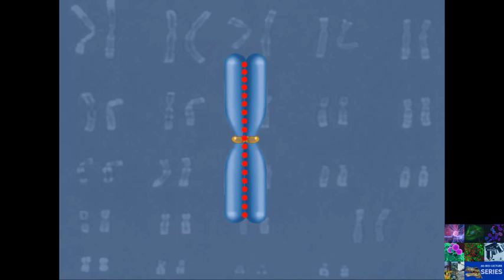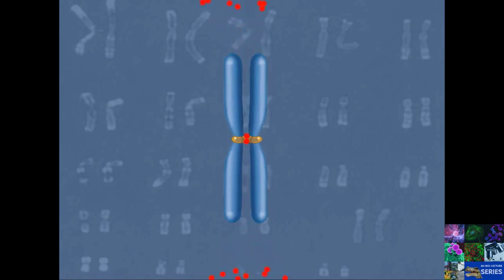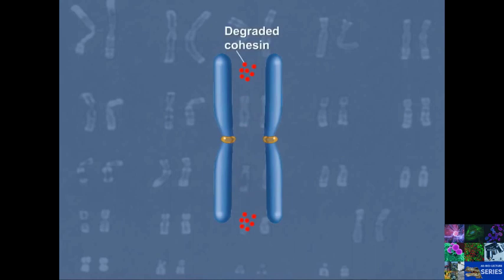Then the cohesin complexes holding the arms together are released by the middle of prophase, leaving the sister chromatids connected only by the cohesin complexes at the centromere.